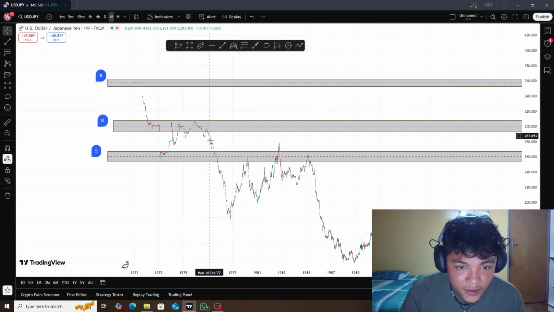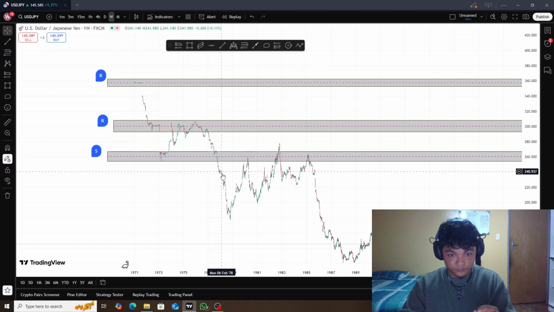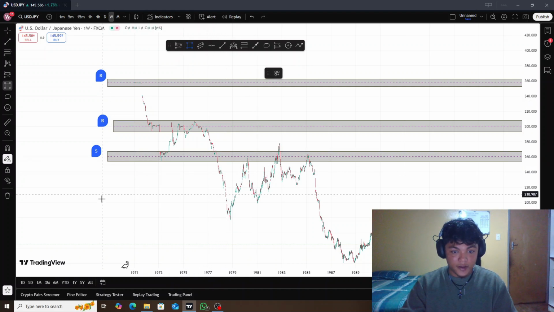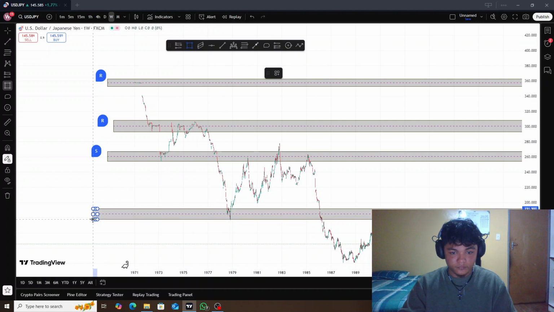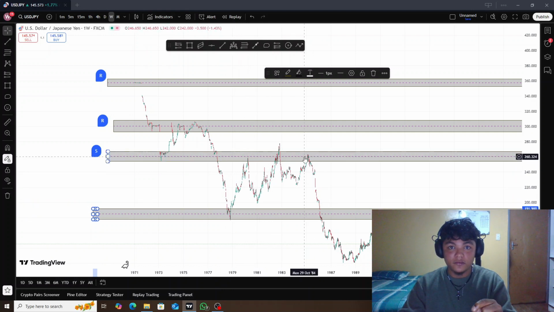So now from this side came down, so then the market decides it's gonna break the new support, breaking the new support. So now we have a new zone here. Breaks the new support, goes down, and now it goes up to retest the new support level.